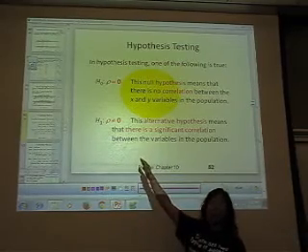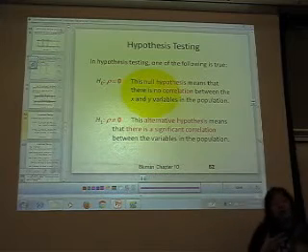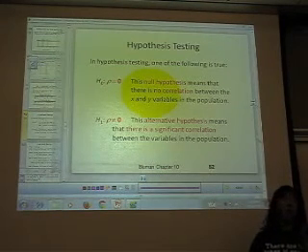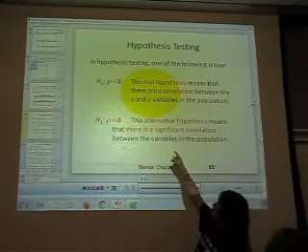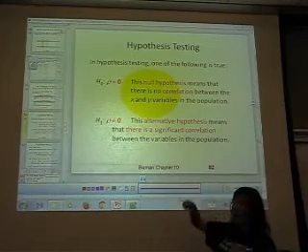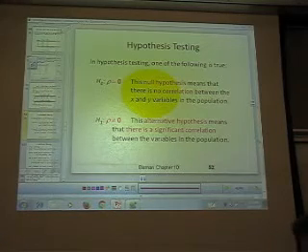H1 is always that rho is not equal to 0. In other words, the null hypothesis is always no: no correlation, not a line. H1 would be, there is a correlation, there is a line. So that's your H0, H1.